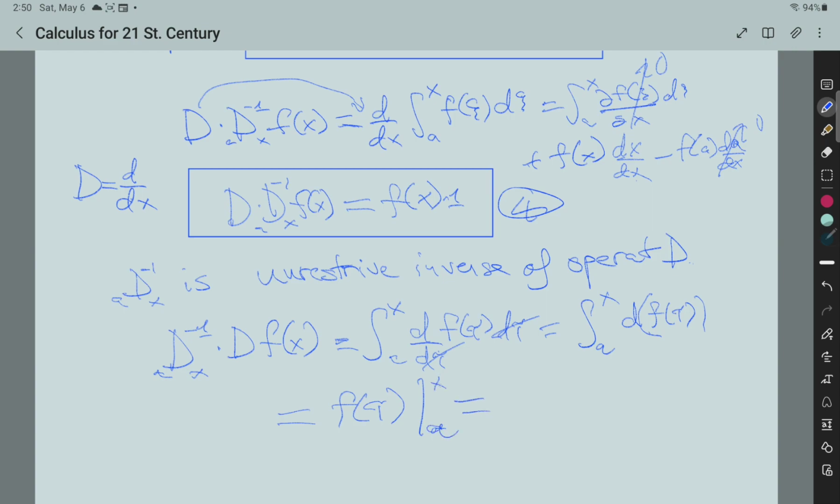So I put x into tau, f of x, minus the lower limit, a into tau, so that'd be f of a. So clearly, when the order of the operators reverses, sometimes we pick up extra terms, the extra transient term.